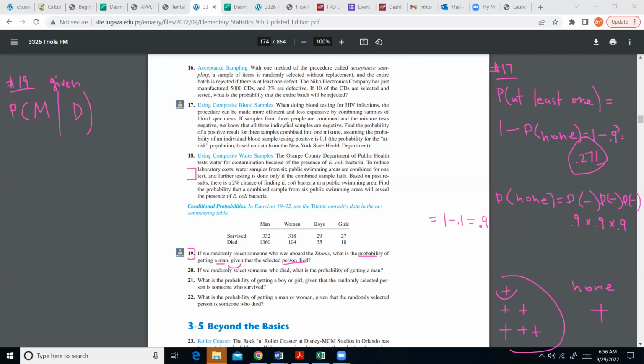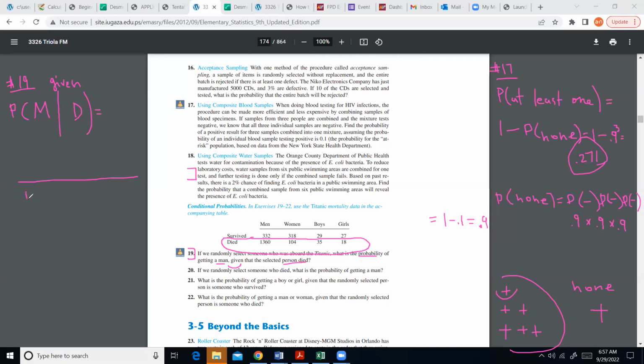The way to approach it is always with respect to what is given. What's given is that the person died, sad, but given. So now we're only dealing with the part of the sample which is given to us. We already know where we are because they told us the person died.